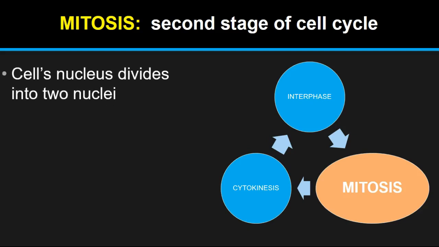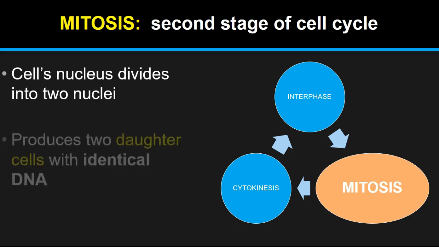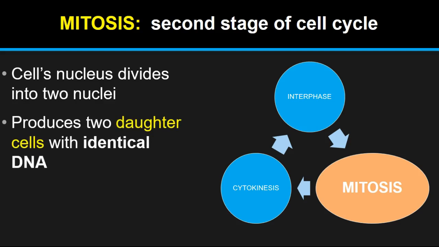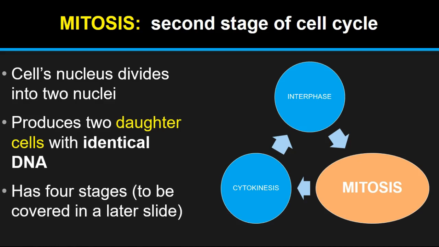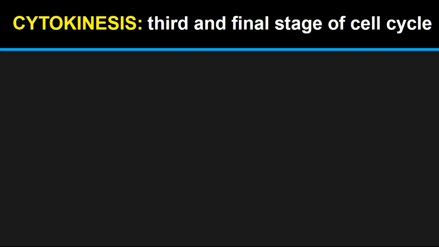During this stage, the cell's nucleus divides into 2 nuclei and produces 2 daughter cells that have identical DNA. And there are 4 stages to mitosis, which we're going to talk about in a little bit.